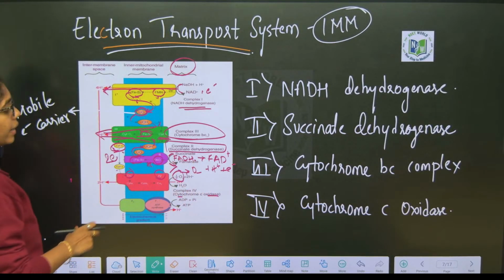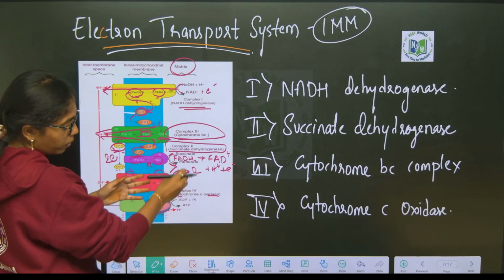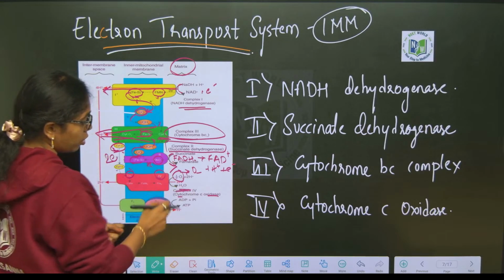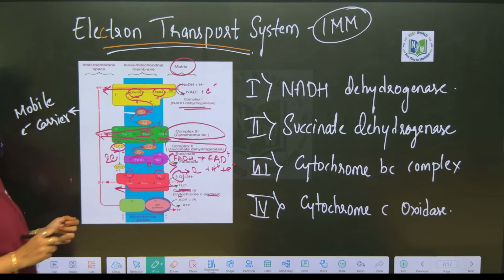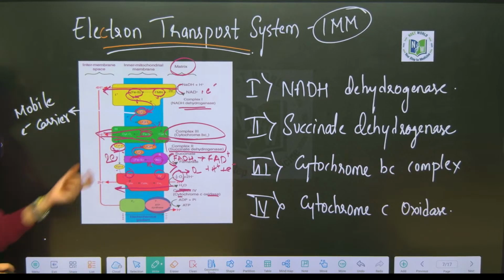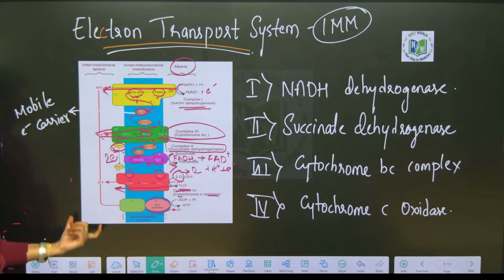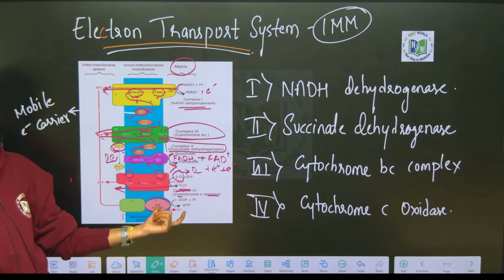Fine. And here 4 protons are being accumulated, of which oxygen takes 2 protons and forms a water molecule. The rest 2 protons are being pumped back to the intermembrane space. Understood? So, in this continuous process, proton accumulation you can see in the intermembrane space, whereas in the mitochondrial matrix there is a deficiency of protons.